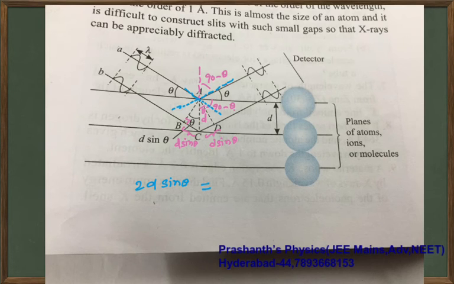If it is undergoing constructive interference of waves, it will give n lambda. So 2d sin theta is equal to n lambda. This interference is constructive.